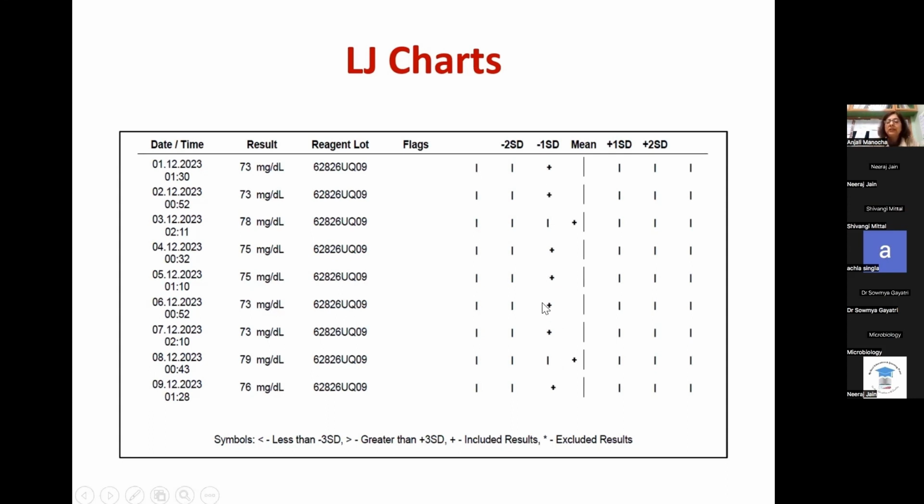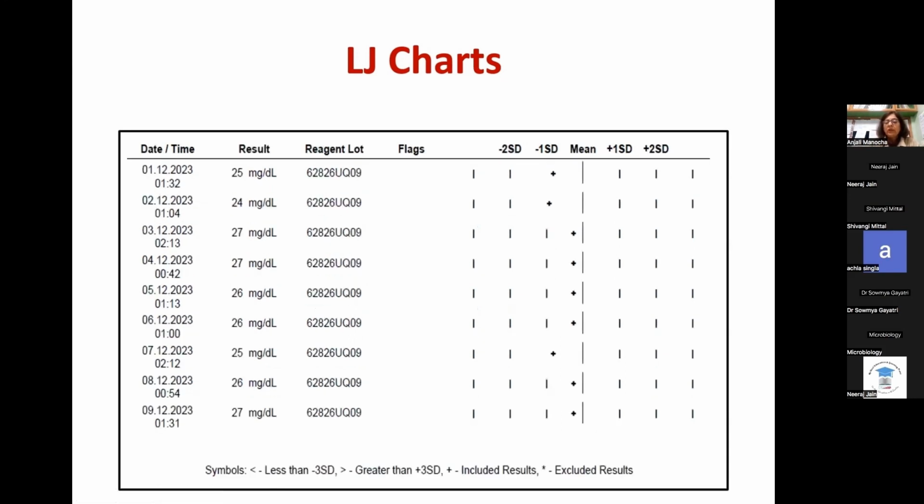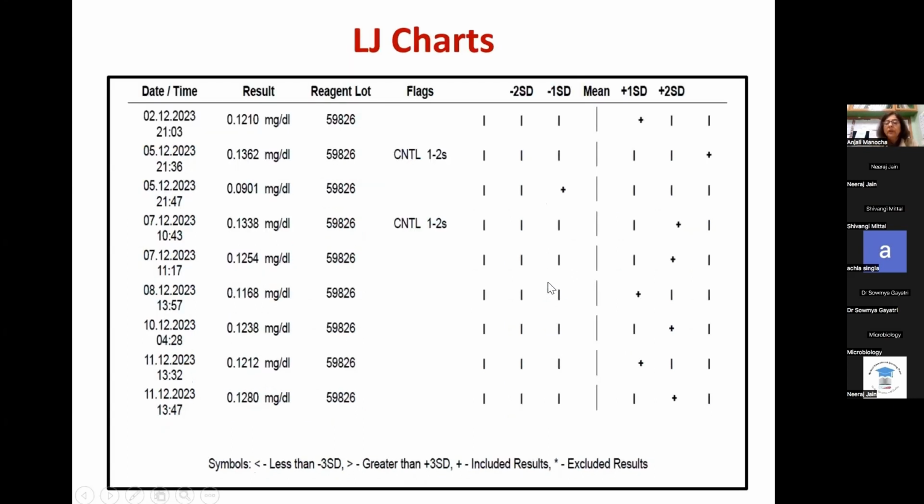What is giving this bias? Here again is an LJ chart where they are all on one side, very close to the mean. Then there is one, but only to 1 SD, but there is a bias. So we have to check here whether the bias is clinically significant or not.